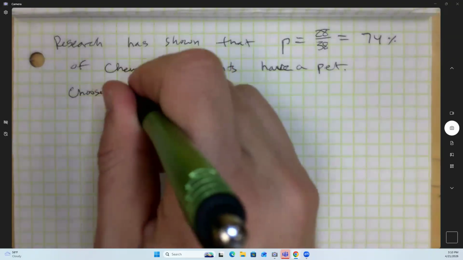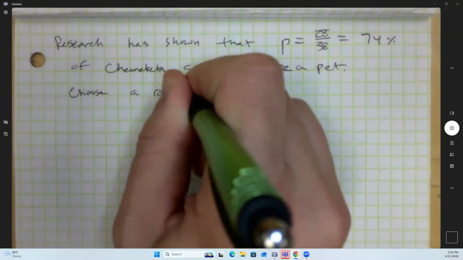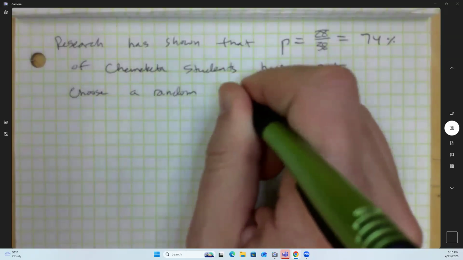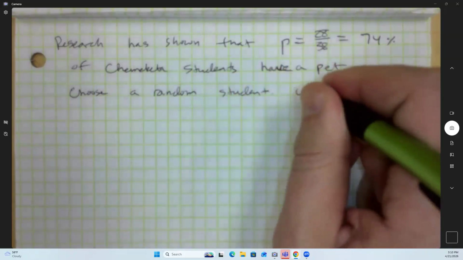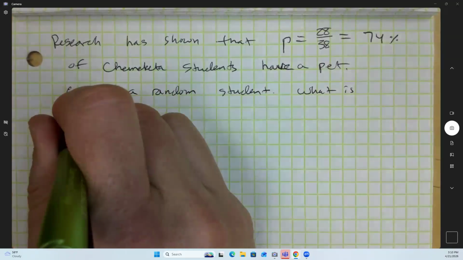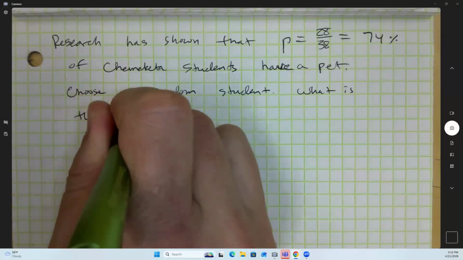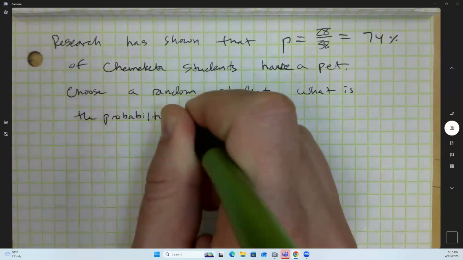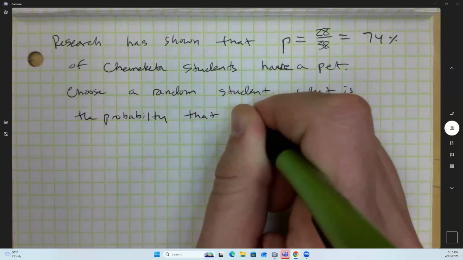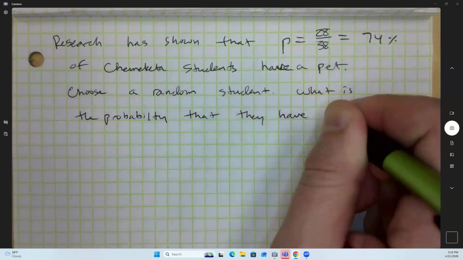So choose a random student. What is the probability that they have a pet?